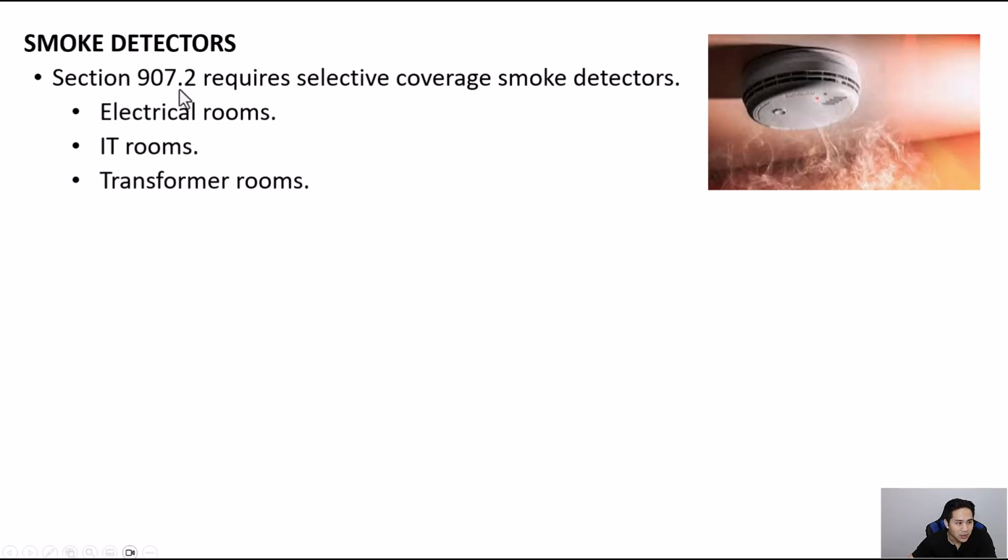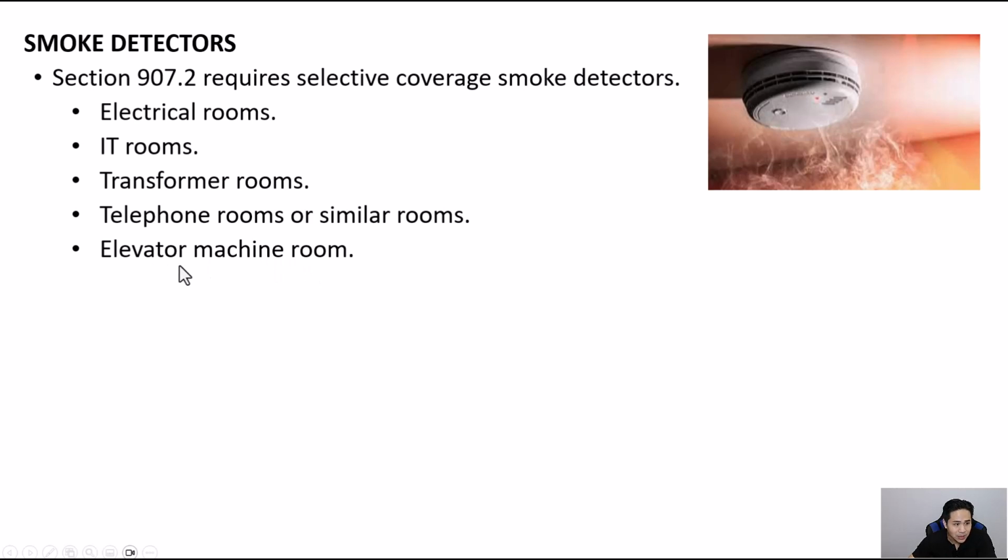So every electrical room, every IT room, every transformer room, and a transformer is basically something that alters the voltage from one voltage to another. So this is just electrical equipment, and whenever you have one of these, you have to put a smoke detector in that room. You also need it in telephone rooms or similar rooms.